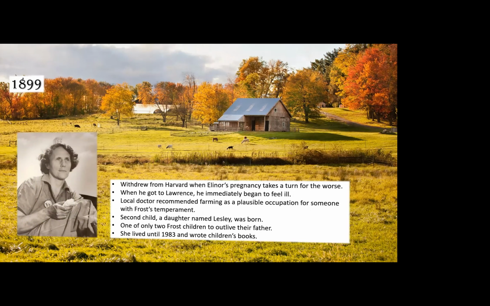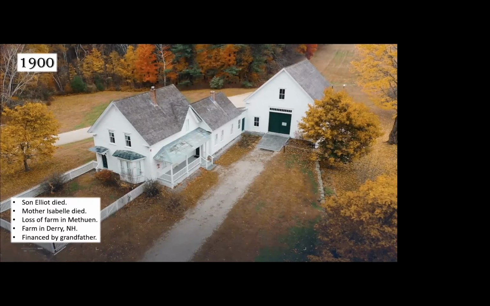There we go. In July of 1900, Frost's 4-year-old son, that first child, Eliot, died of typhoid fever at their farm. Frost blamed himself for not calling a good doctor sooner. He would later write, it was like murdering my own child.